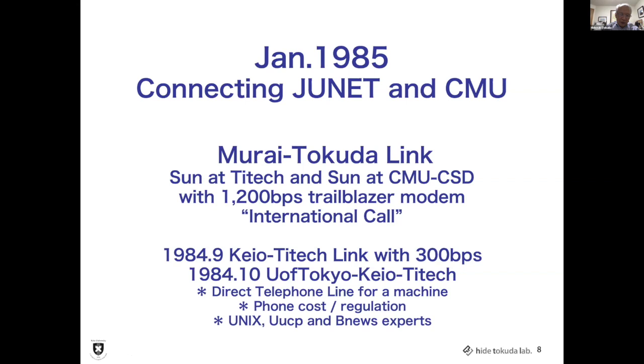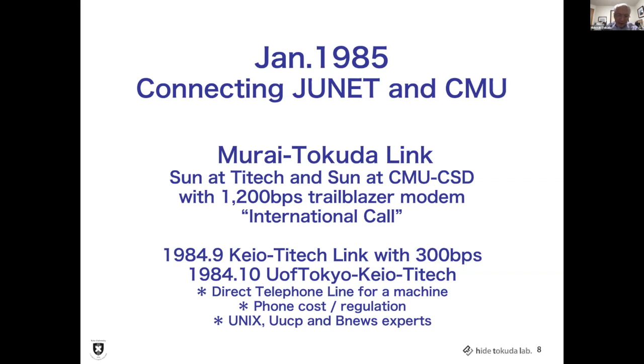Then in October, he also connected the University of Tokyo to Keio and TI Tech. One short comment is that Professor Haruhisa Ishida, who was Jun's boss at the University of Tokyo, told Jun that at least 3 nodes are essential to be called a network. So JUNet started with 3 nodes.